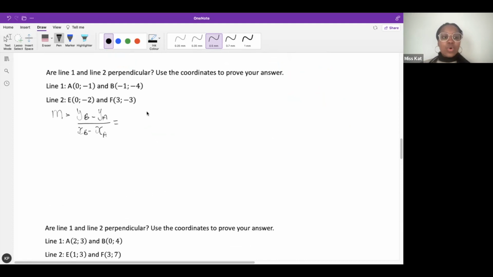So what is the y coordinate of B? That would be -4. Beautiful. -4 minus the y coordinate for A. Close, but remember we're taking, there we go, -1.